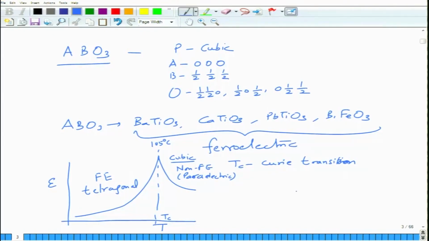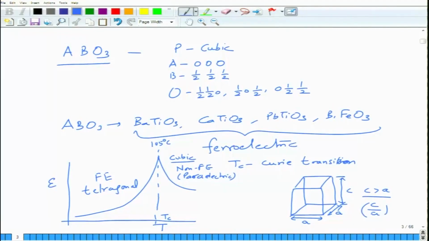The unit cell, which is a cube, now converts so that below Tc this length is slightly larger than these two lengths. So, this is A, this is A, this is C. C is greater than A, so the unit cell has some C by A ratio.